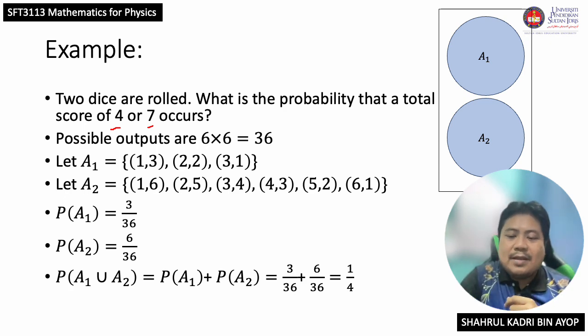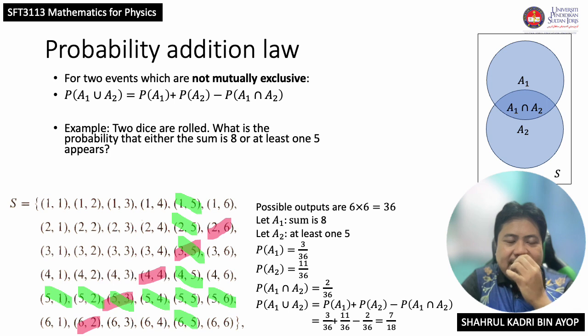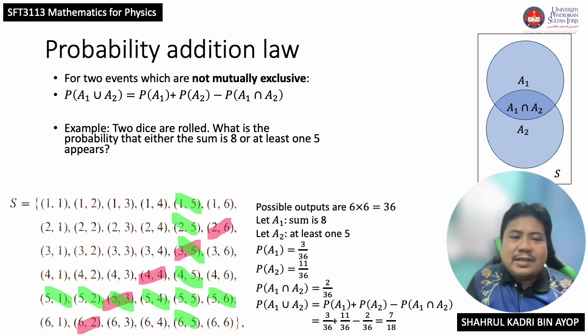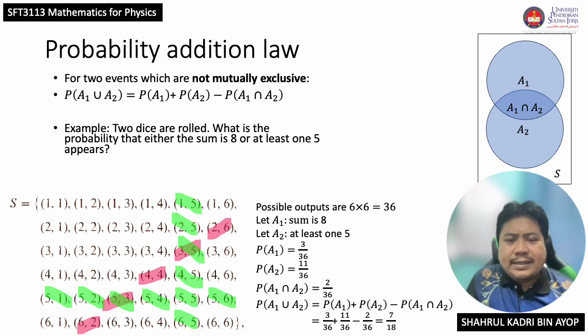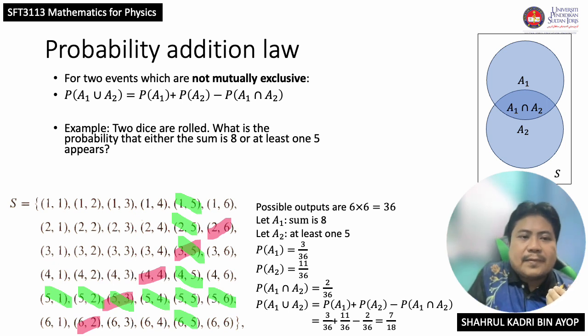Okay, for the addition law of probability: before this we considered mutually exclusive events, but what if the two events are not mutually exclusive? That means they have some elements in common. For example, two dice are rolled.